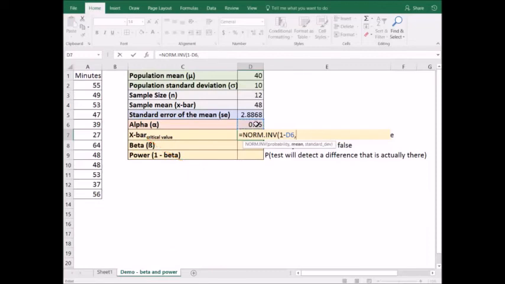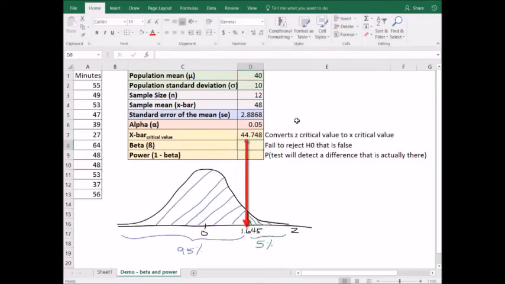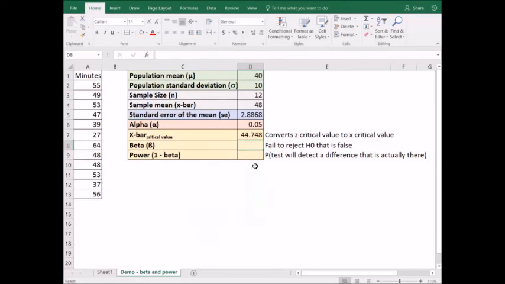Next, the population mean, and then the standard error as the standard deviation of the sampling distribution. Then we can close the parenthesis and hit enter, and our x bar, or the x value that corresponds to the z critical value is 44.748 minutes.